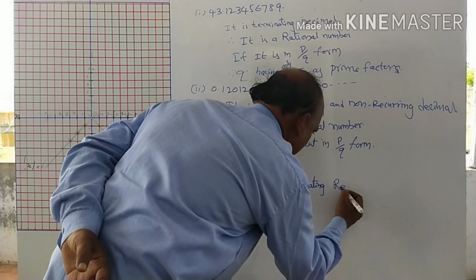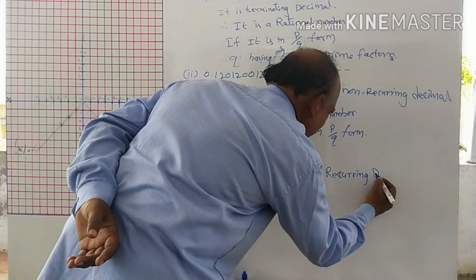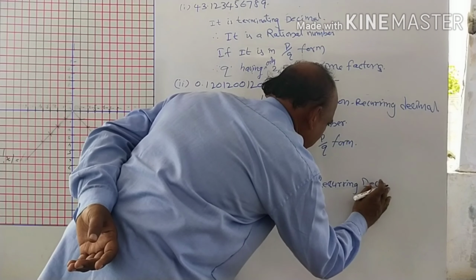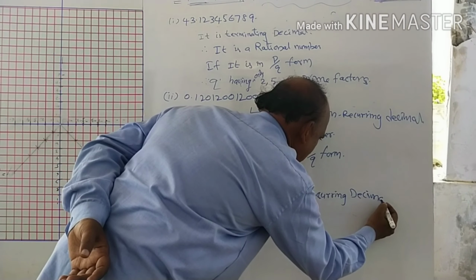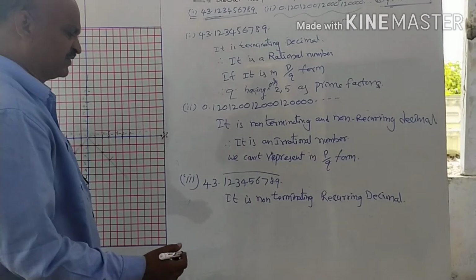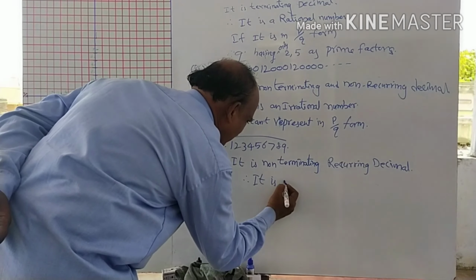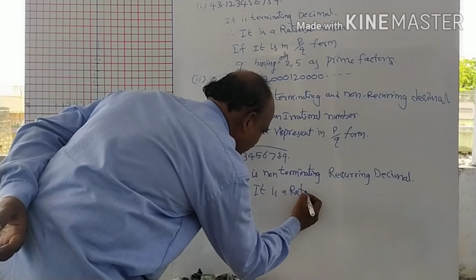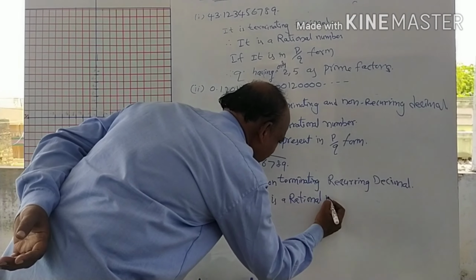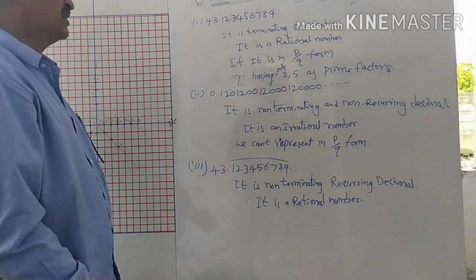Non-terminating recurring decimals are rational numbers. Therefore, it is a rational number.